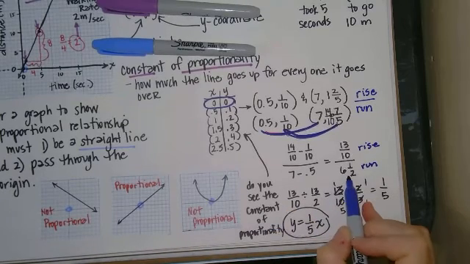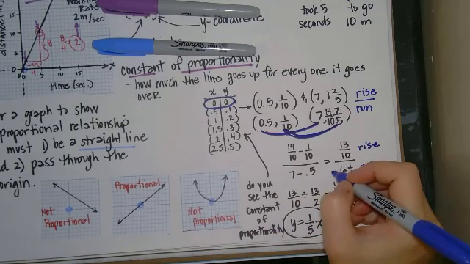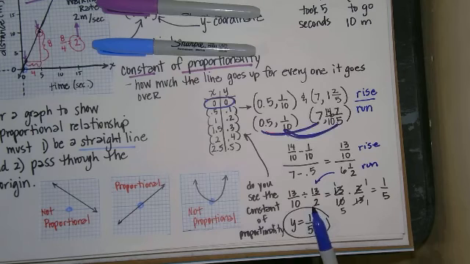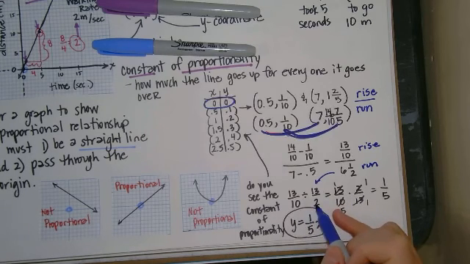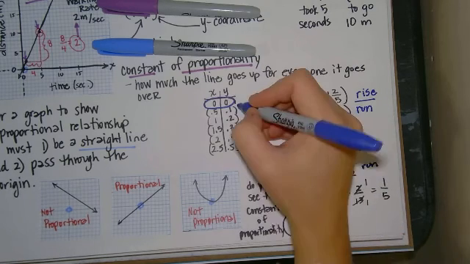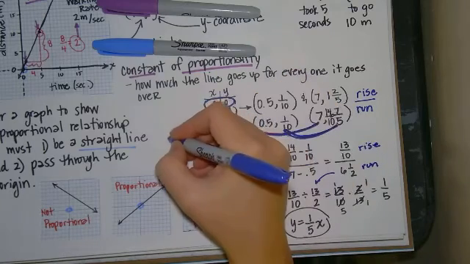And so I'm going to go ahead and divide that. 13/10 divided by 6.5. 6.5 can also be written as 13/2. So 13/10 divided by 13/2. So I'm going to turn that into a multiplication problem. 13/10 times 2/13. Remember, we multiply by the reciprocal. We end up with 1/5. So I know my constant of proportionality is 1/5.